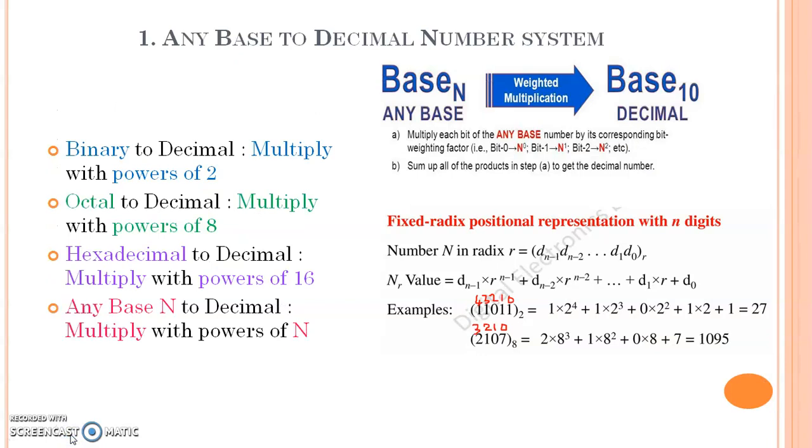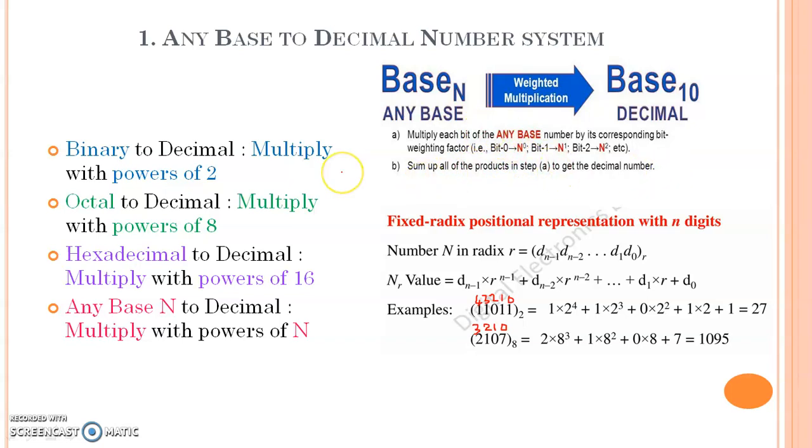So the basic rule for converting a number of base n to base 10: the first step is to multiply each bit of that number by its corresponding bit weighting factor. The second step is to sum up all the products in step A to get the decimal number.